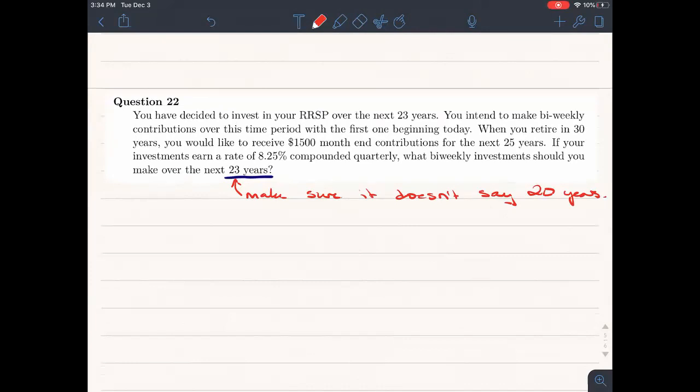You're making payments, it's going to sit there, and then you get payments, right? We did one in class, we did one on test 3, there's going to be one on the final. You're going to be pros. But he's making payments over 23 years, and then what biweekly investments should you make over the next 20 years? It didn't make sense.